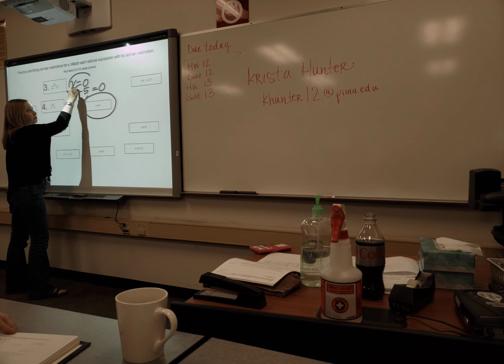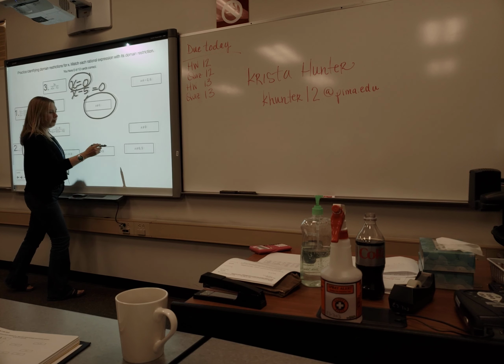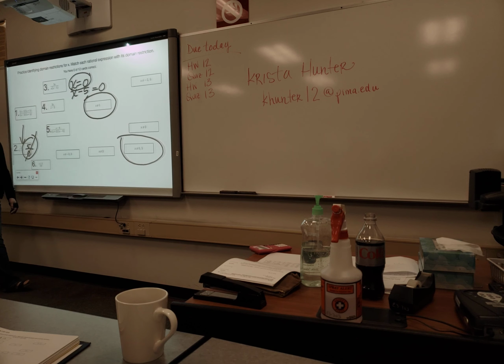If we plug in x equals 0 here, it's going to be 0 times something else, which is 0, making this whole thing undefined. Or x minus 5 equals 0, and therefore x equals 5. So if x is equal to 0 or 5, this guy will become undefined. It'll have a 0 in the basement.